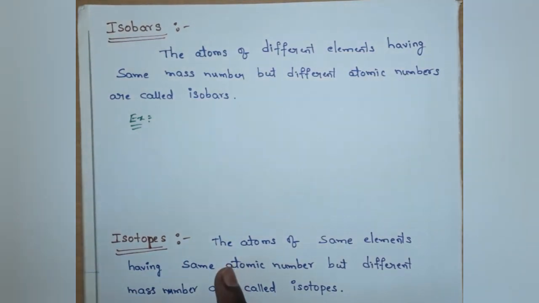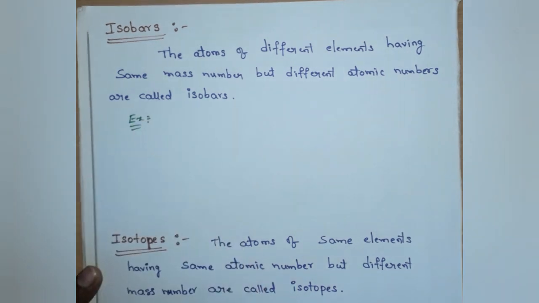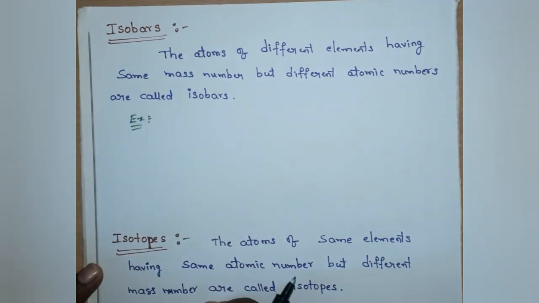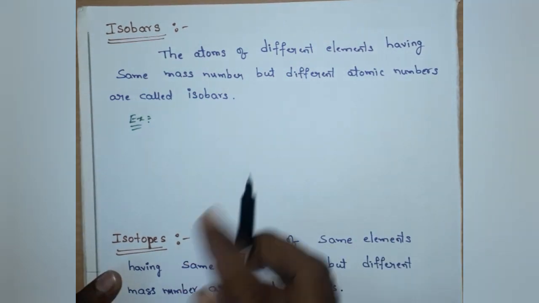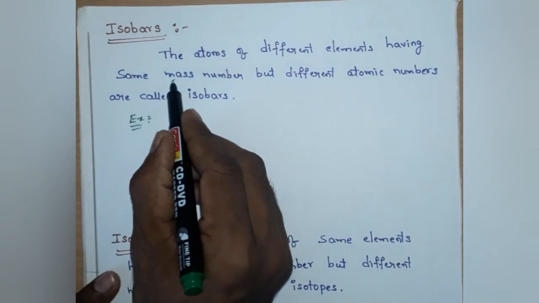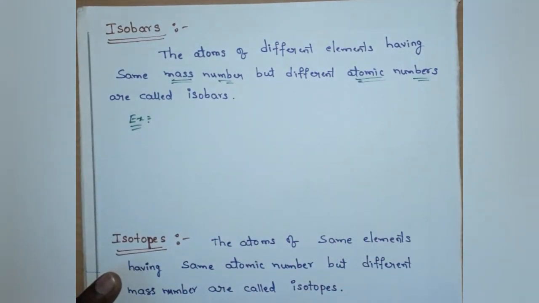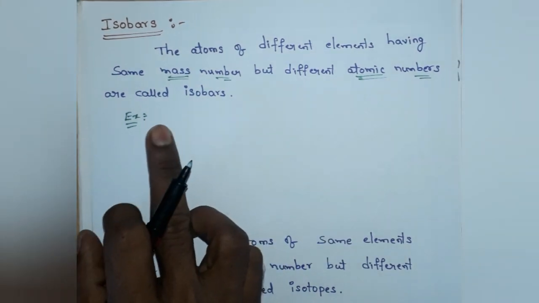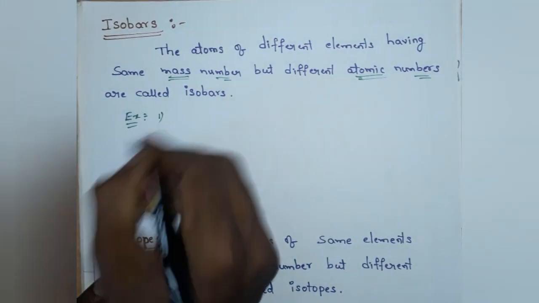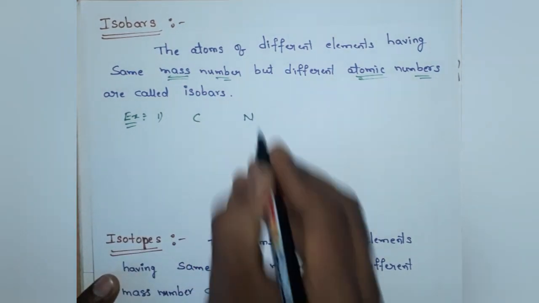Next, let us discuss isobars and isotopes. First of all, isobars. Isobars are the atoms of different elements having the same mass number but different atomic numbers. For understanding, I am taking one example: carbon and nitrogen.